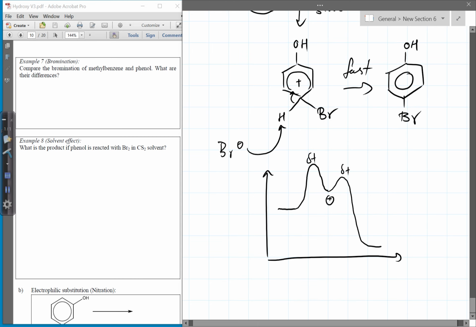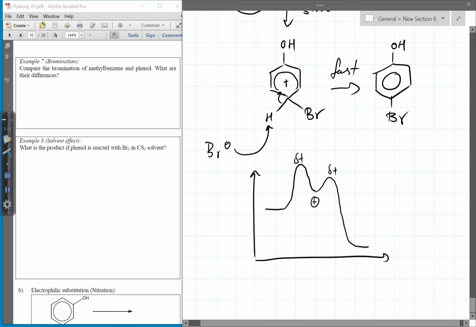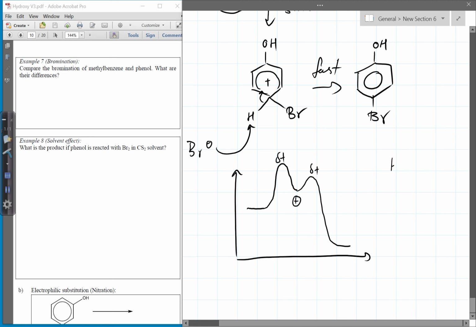Now, recall what we learned in SN1. Why are SN1 reactions favored by protic solvents? What are protic solvents? Protic solvents have lone pairs on an oxygen or another electronegative element with a hydrogen connected to it, correct? If you have such species present, they can stabilize this.